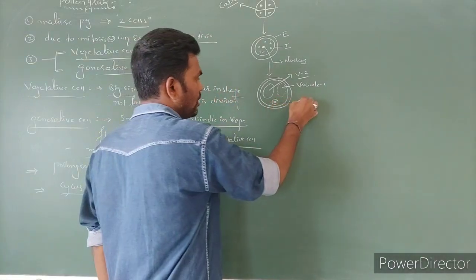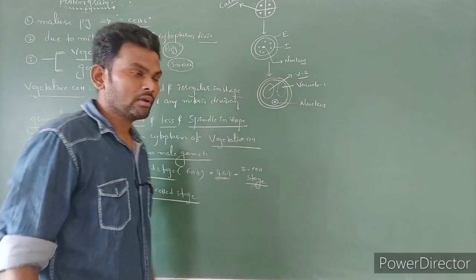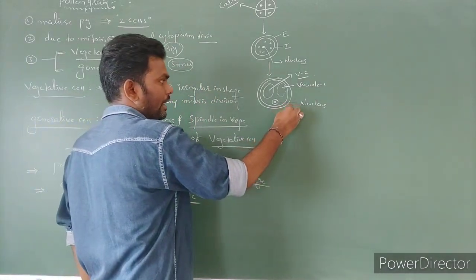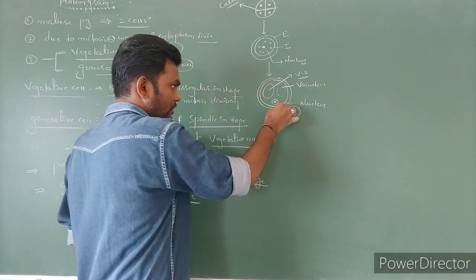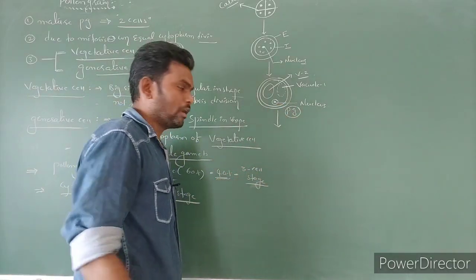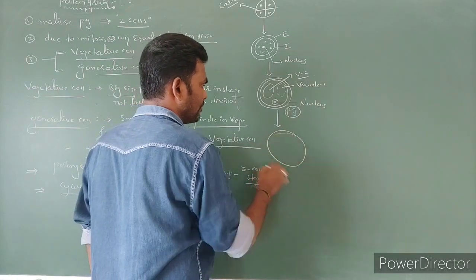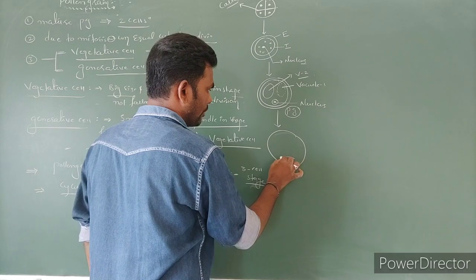Sorry, this is actually the pollen grain. Now the matured pollen grain undergoes prophase, metaphase, anaphase. During the anaphase, spindle fiber is going to form.